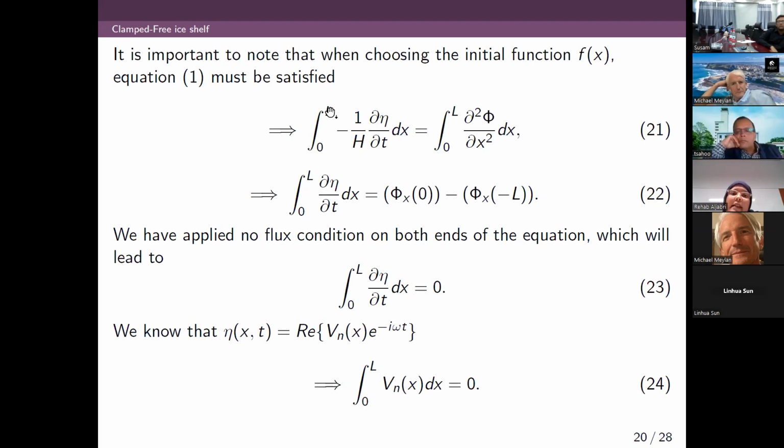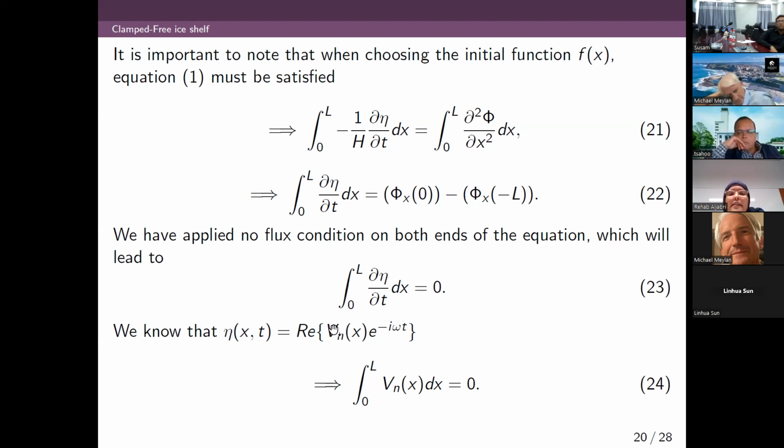So we take the integral from 0 to L of equation 1, which is the shallow water equation. After we take the integral, this part is going to vanish because we made an assumption of the no flux condition, so here it will be 0. This term will be the integral from 0 to L equal to 0. And here is our solution for eta.